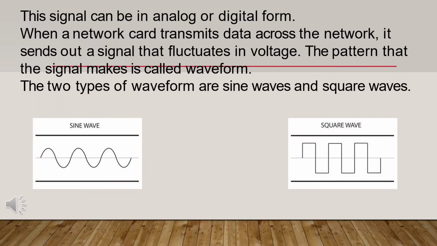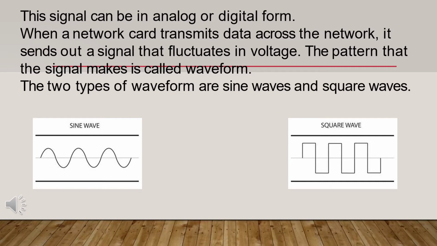Let us have a look at the graph. Here we have sine waves and square waves, two different varieties of graph available on the screen, right? The signal can be analog or digital when we talk about the transmission of data within the network.